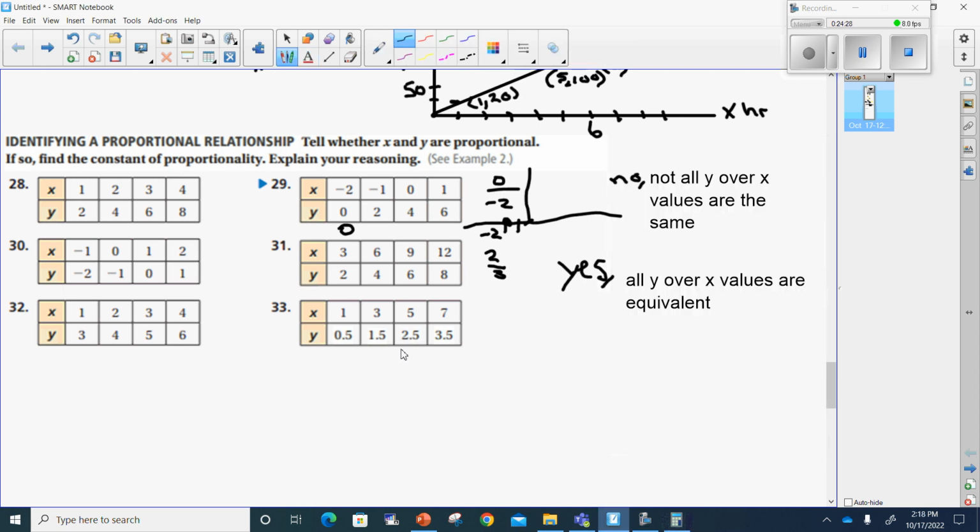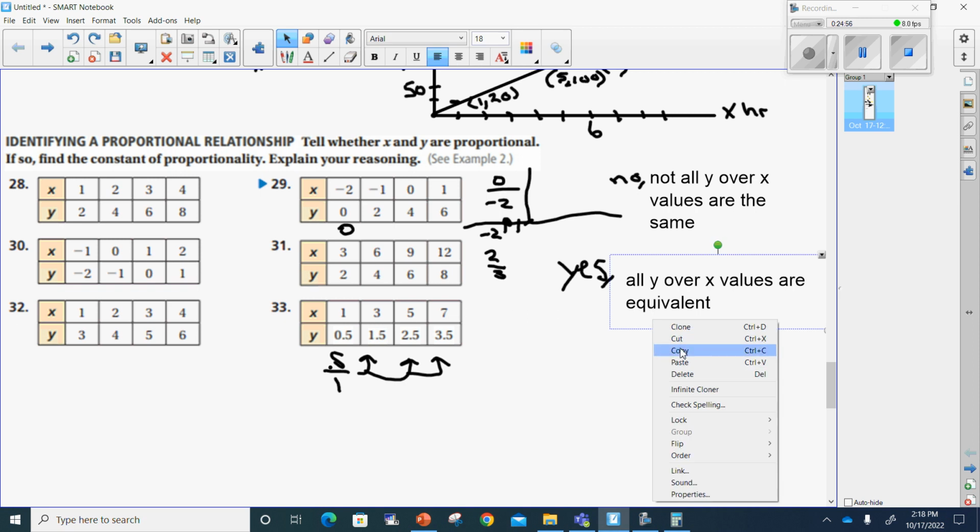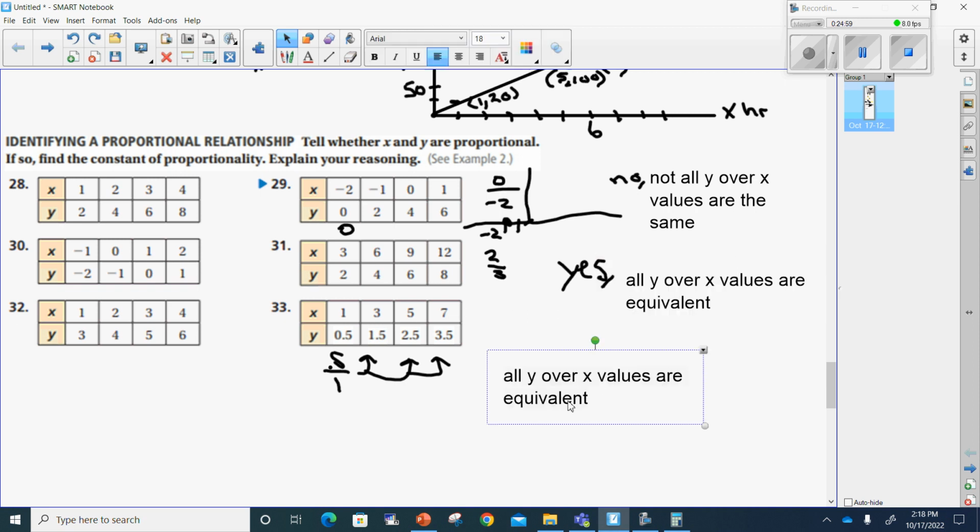So you can see clearly that whenever we take the y and divide it by the x, each of these is going to be equal to 0.5. So again, we can say all y over x values are equivalent. This is proportional.